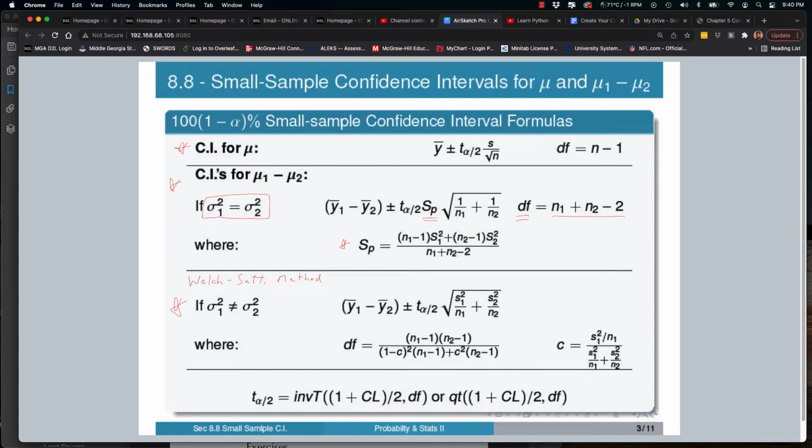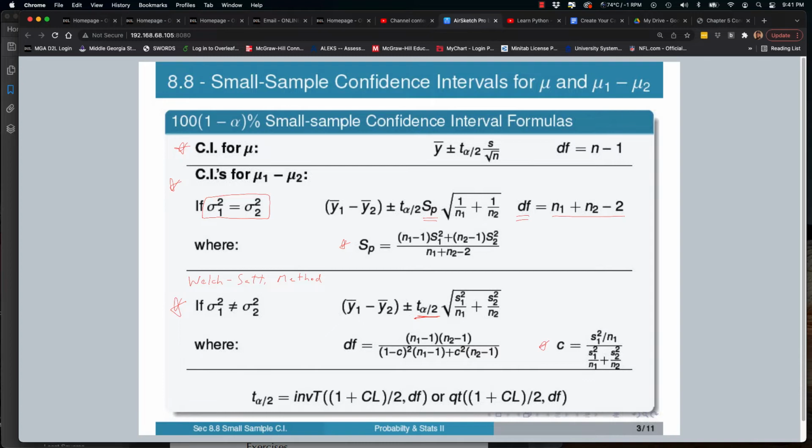But the way we get our t alpha over 2 is we need to know the degrees of freedom, and it happens to be some kind of weighted degrees of freedom that we need to use to get that. And so unfortunately it's a two-part formula here, and the degrees of freedom formula is kind of hefty itself, but before you can even calculate that, you have to calculate this value of C first. So it's a little bit of an extra step, but it's really not as bad as it looks. It's just kind of ugly when you look at it at first.